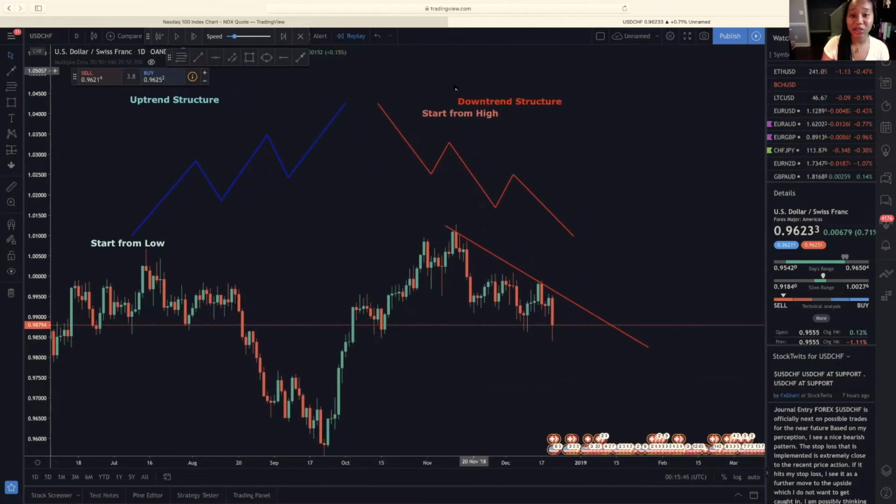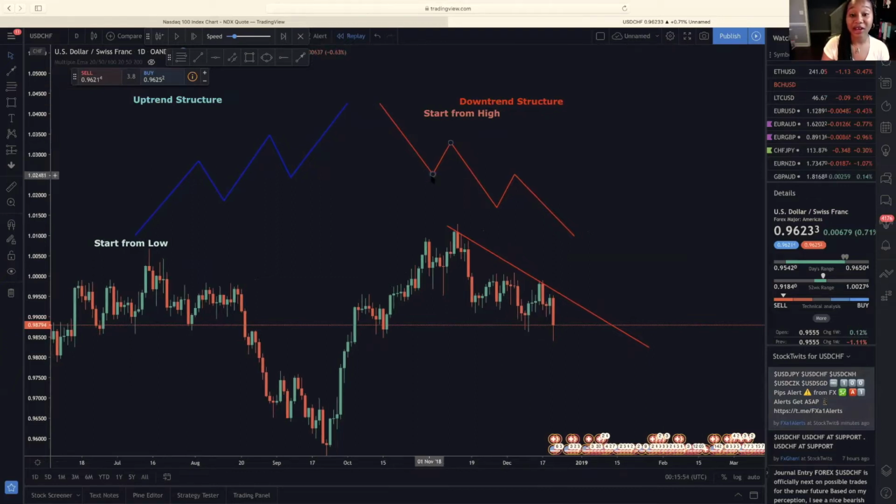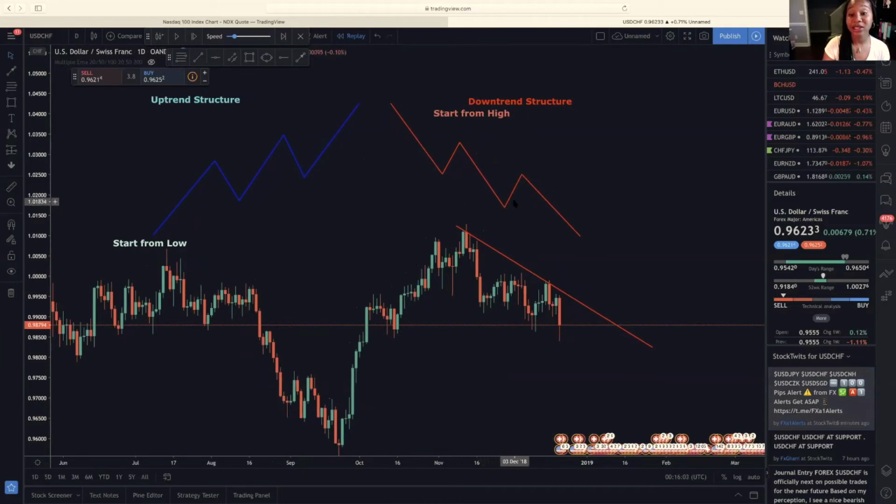Then you have a downtrending structure. A downtrending structure starts from a high. You will have a high, then a lower high, then a lower low, a lower high, and a lower low. So it will continue to go down.